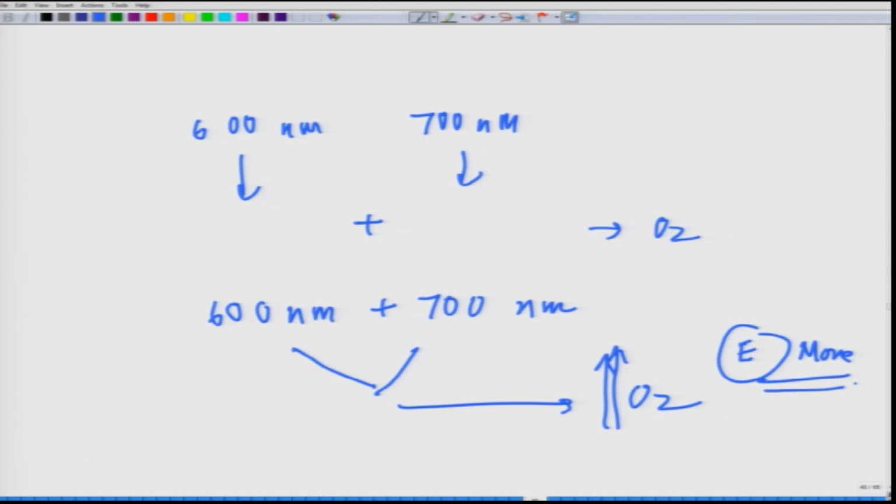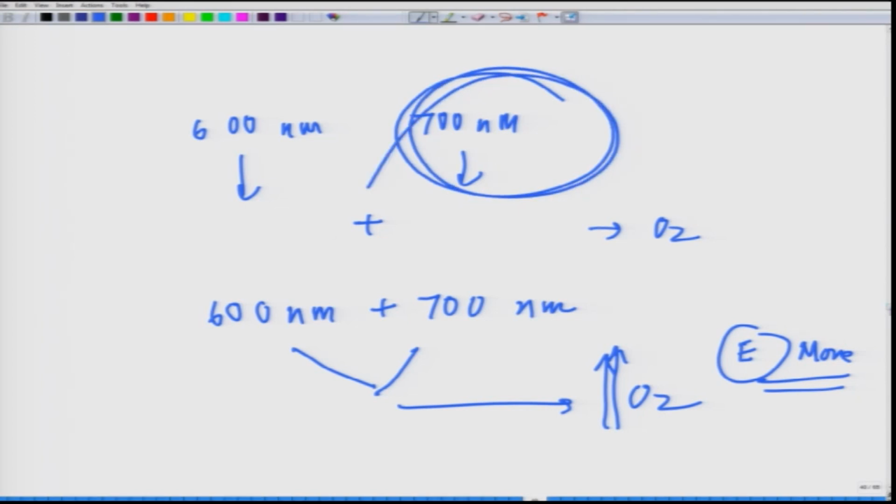Efficiency is more. This observation, called the red drop and enhancement phenomenon, led one of the scientists in this field, Emerson, to propose that photosynthesis requires the interaction of two light reactions. Both of them can be driven by light of wavelength less than 680 nanometer, but only one of them by light of longer wavelength.